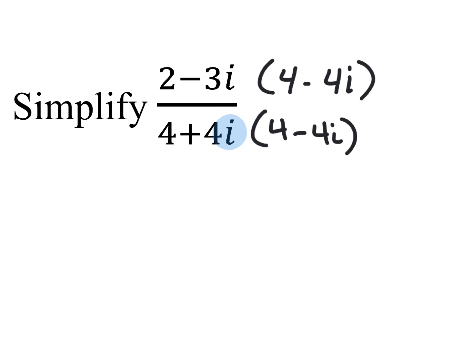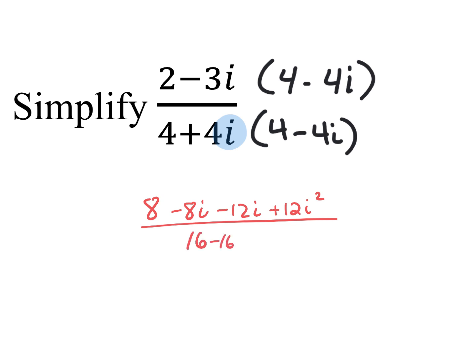So I'm going to work on the numerator first here. I'm going to just distribute this out. I'm going to get 8 minus 8i minus 12i plus 12i squared. We will simplify that in a moment. And then in the denominator, we have 16 minus 16i plus 16i minus 16i squared.